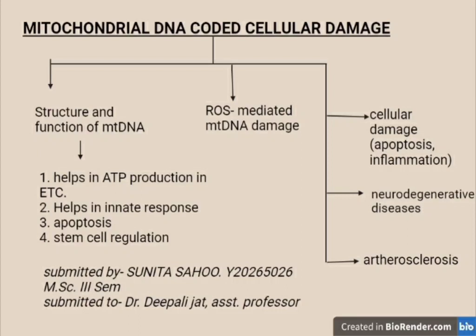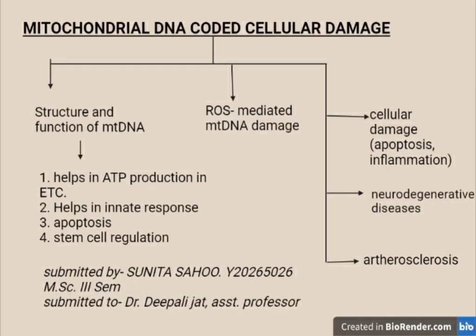Now let's understand the functions of the mitochondrial DNA. So mitochondrial DNA encodes a small amount of proteins that are involved in proper working and regulation of the electron transport chain to generate ATP. The second function is regulation of innate immunity.